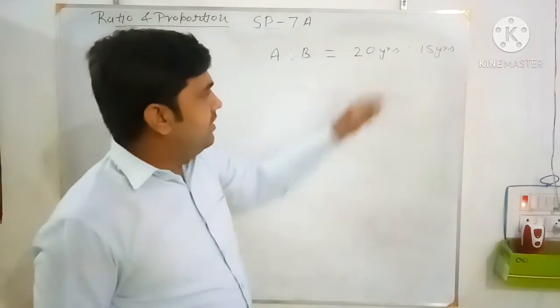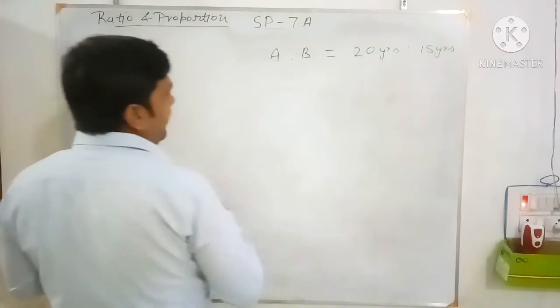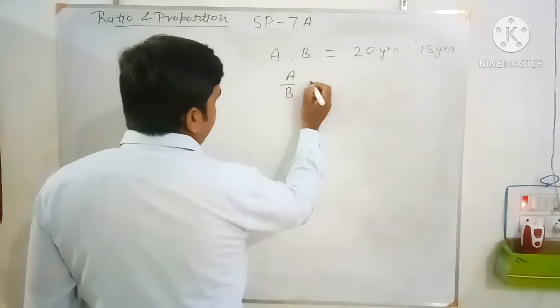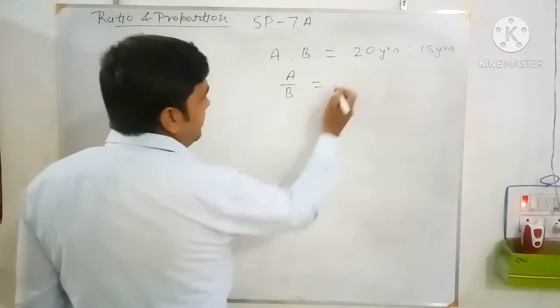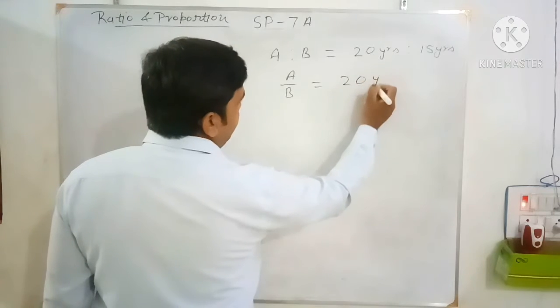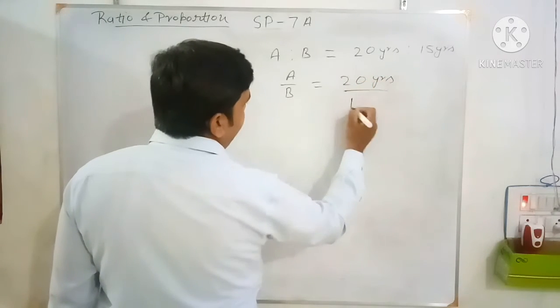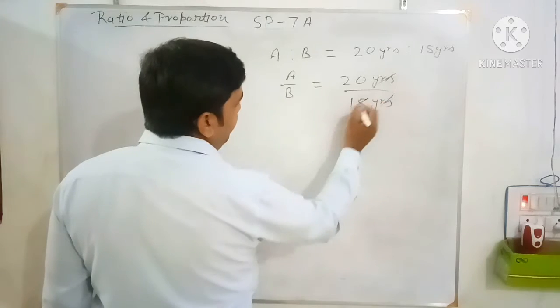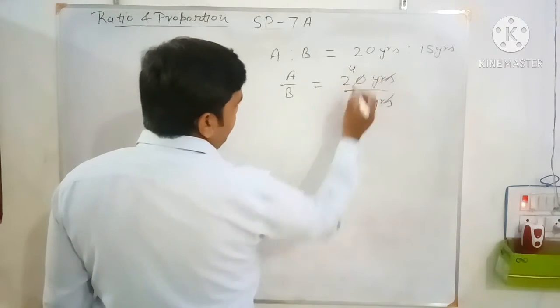Now what will the value of A is to B be? If you divide, you get A by B. A is to B can be written as A by B, which is 20 years upon 15 years. Since the units are the same, they cancel. 5 threes are 15, 5 fours are 20.